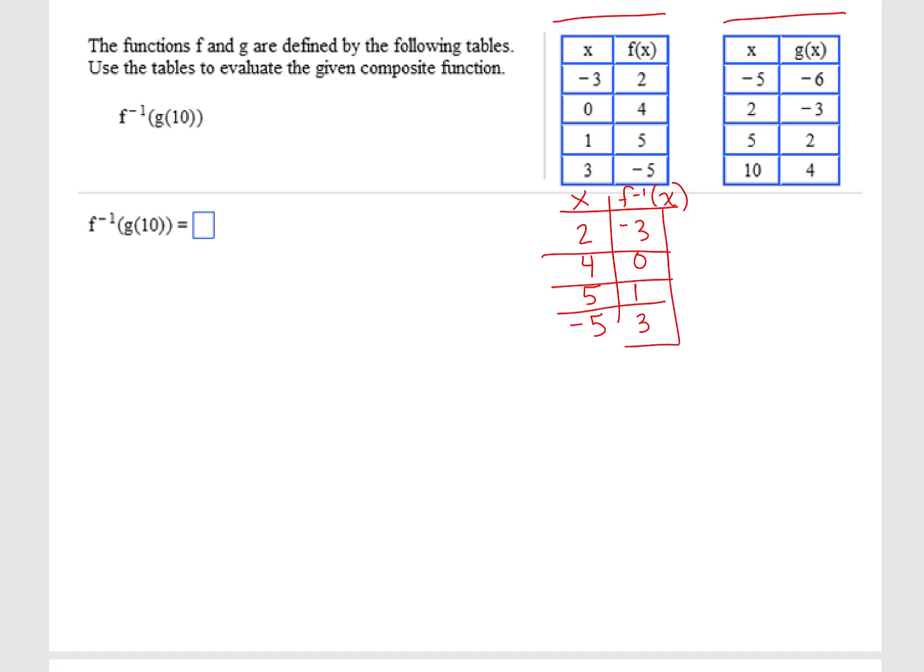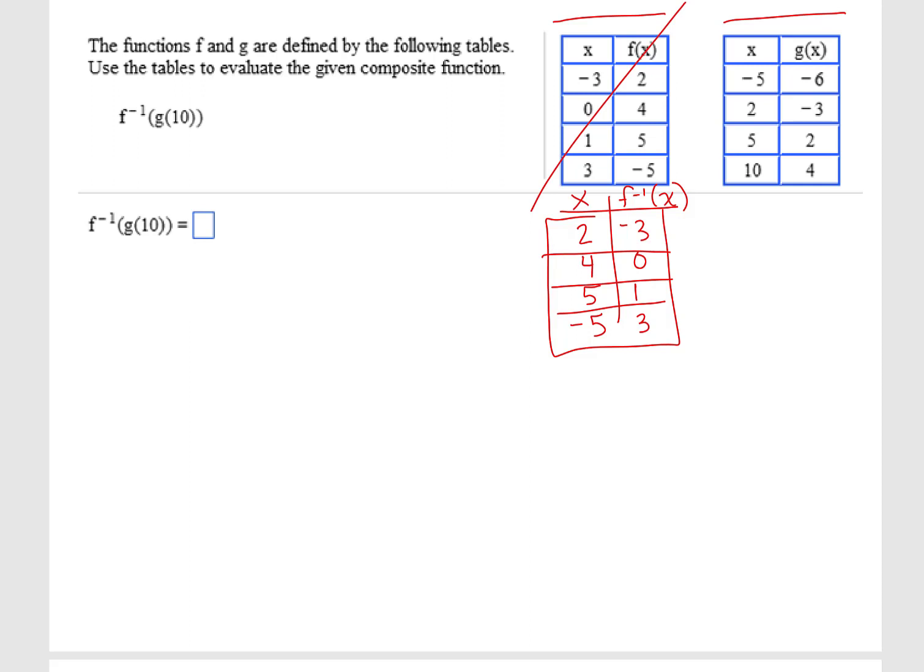Now, you don't have to make a separate table. You can just say, oh yeah, it's switched, and try to find it that way. But I find that students get a little confused with that, or will get lost in the numbers with that. Okay, so now that we have that table, we won't need that one anymore.